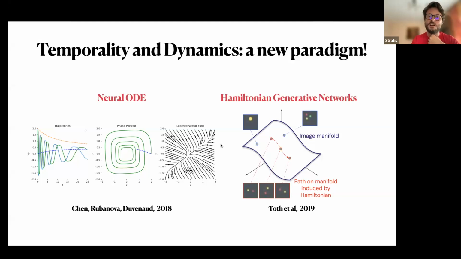So temporality and dynamics are becoming more and more relevant. And in my opinion, what is really missing right now is how do we scale? How do we make it bigger and better, more generalizable, actually, on real data, not just on synthetic data that I have also been working on in the last few years.